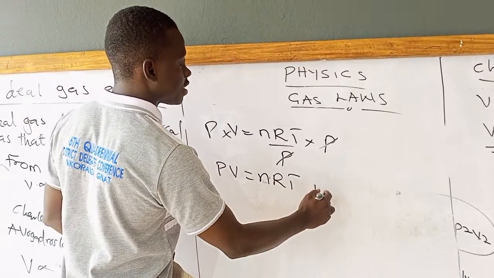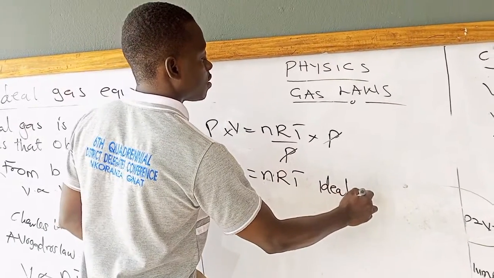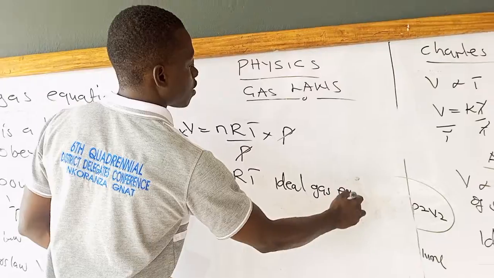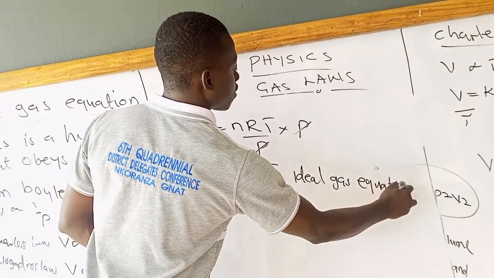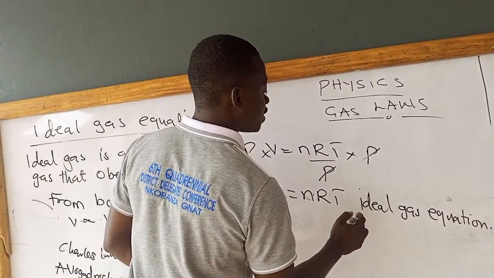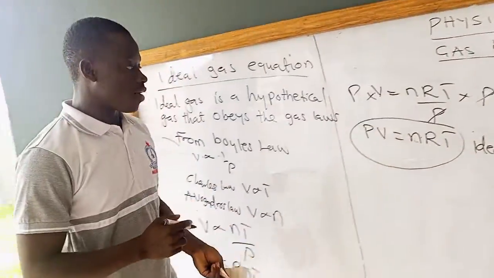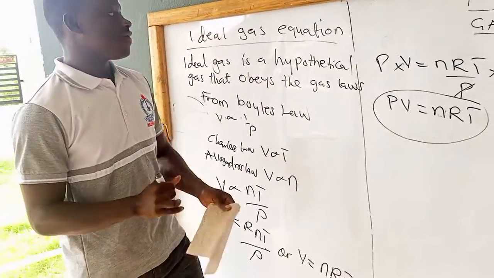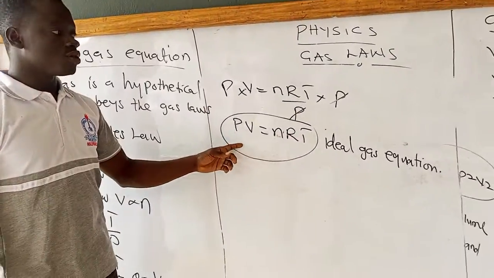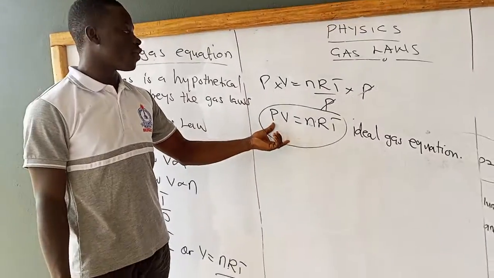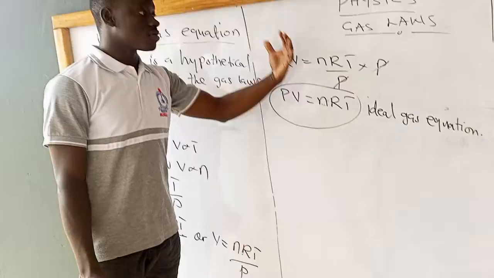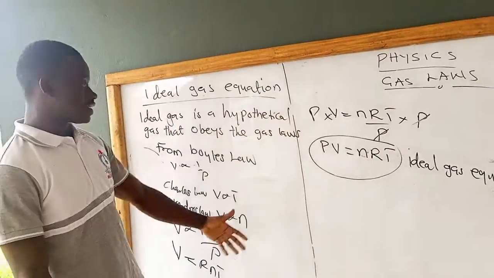That is the ideal gas equation. So this is how you can derive the ideal gas equation. I'll give you an example where we will solve a question relating all these gas laws.